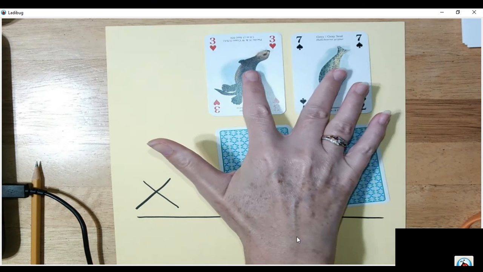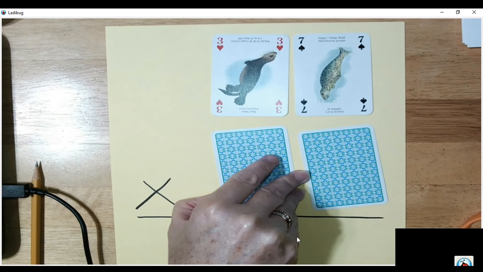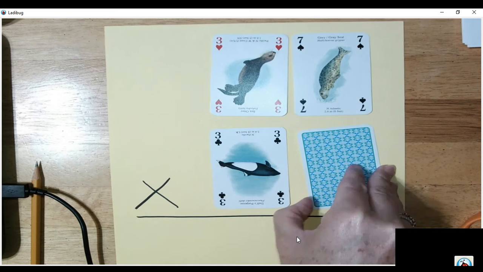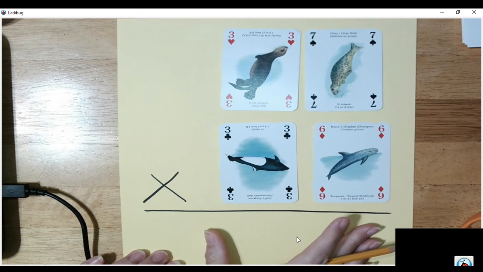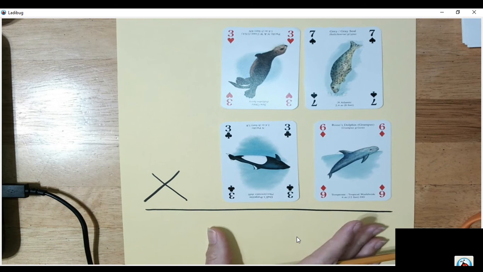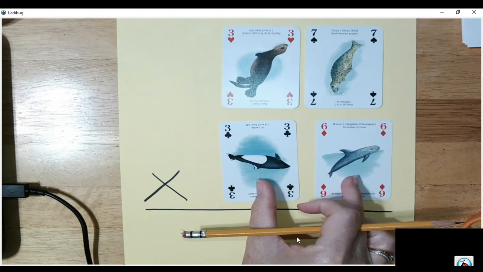So the number that I have on top is 37. And the number that is on the bottom is 36. So in my journal, or on your whiteboard first if you want to, you would multiply 37 times 36.